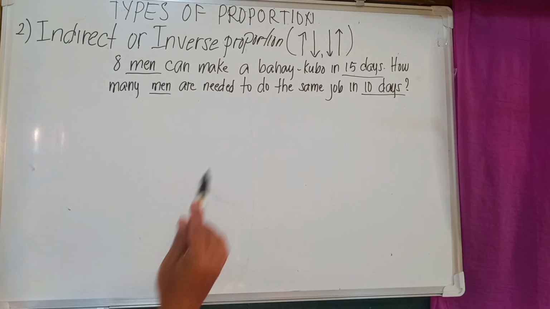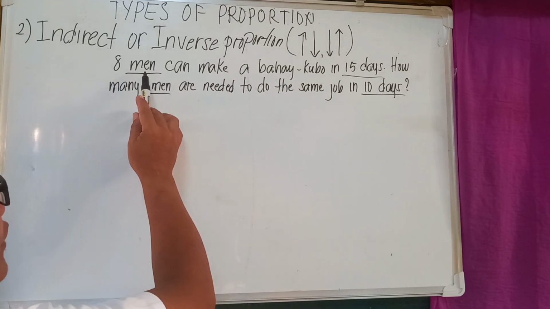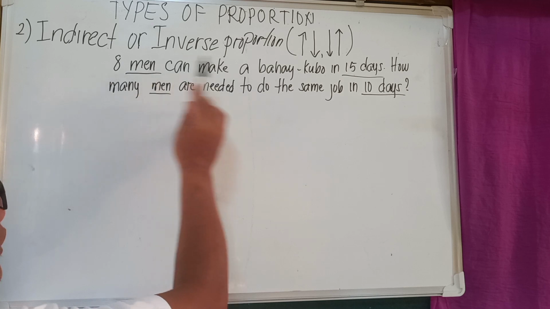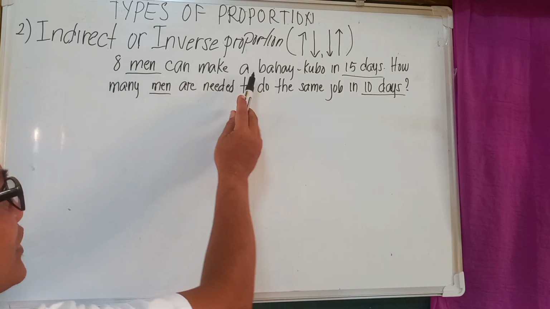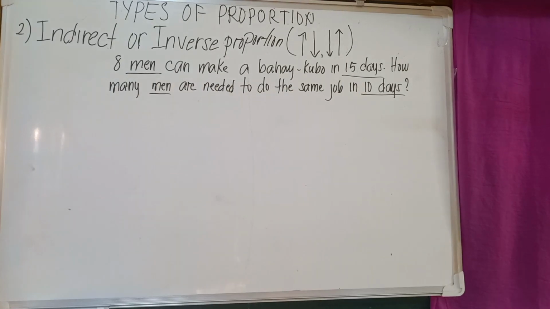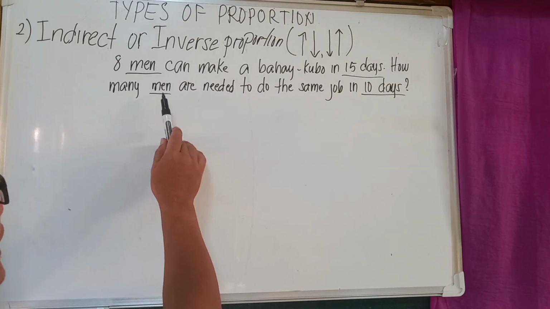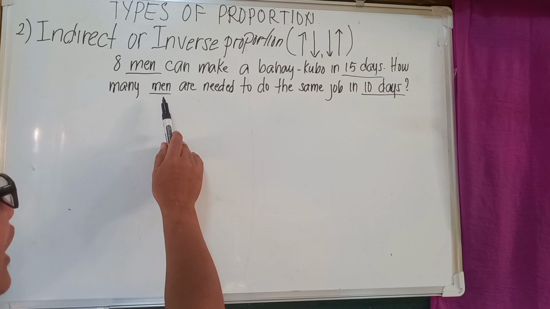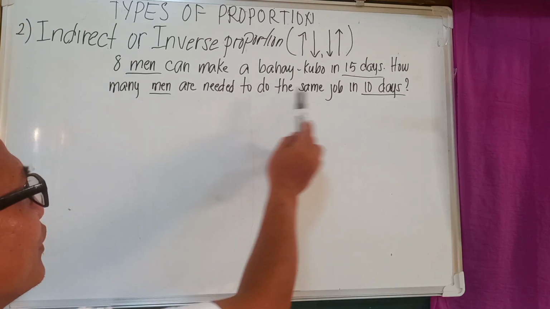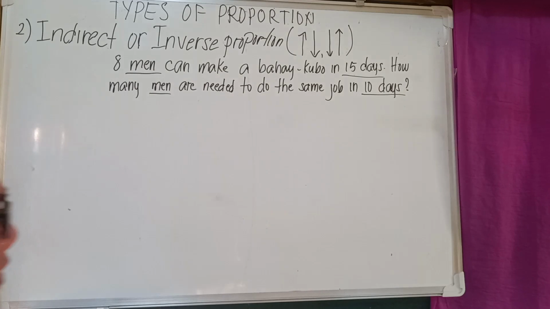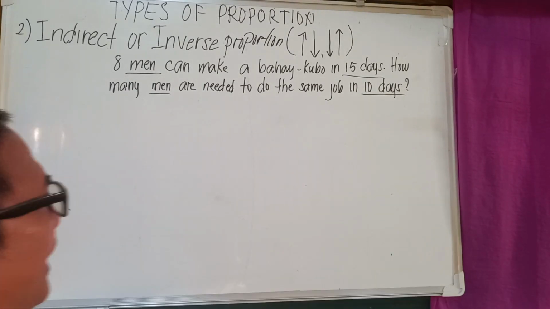Pansinin ninyo, yung 8 tao makakagawa ng bahay kubo sa loob lamang ng 15 days. Eh, ang nangyari dito, ilang tao ang makakagawa sa isang bahay kubo sa loob lamang ng 10 days. So, mapapansin ninyo, nabawasan yung araw.